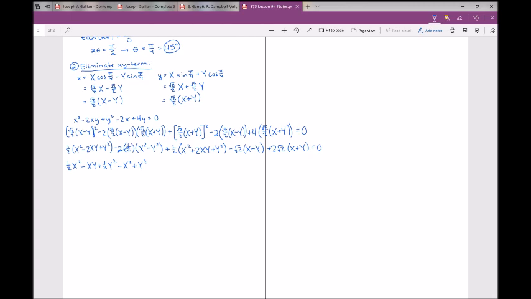And then we distribute the 1/2 through that next trinomial, so we get 1/2 x squared plus xy plus 1/2 y squared minus root 2 times x plus root 2 times y, and then plus 2 root 2 times x plus 2 root 2 times y is equal to 0. Phew, okay, that was a lot. So now let's work on adding like terms.